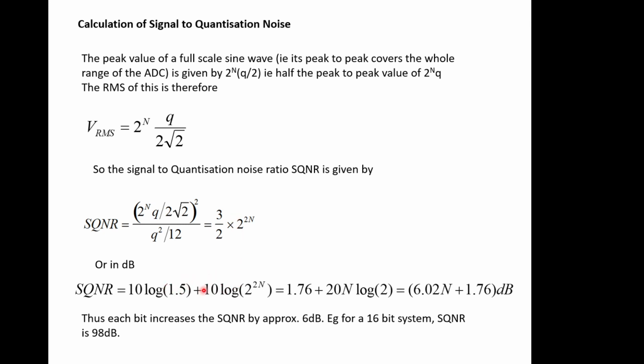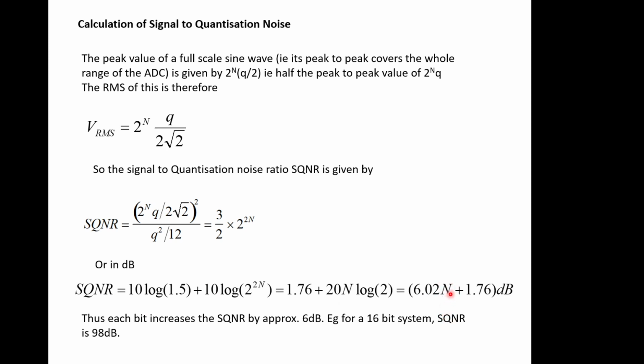Multiplies become adds in the 10 log world, so we've got 10 log 2 to the 2n, and then that's a constant, so you can just work that out. Simplify this, so the 2n comes outside, gives us 20n times log 2, and that all boils down to 6.02n plus 1.76 dBs.